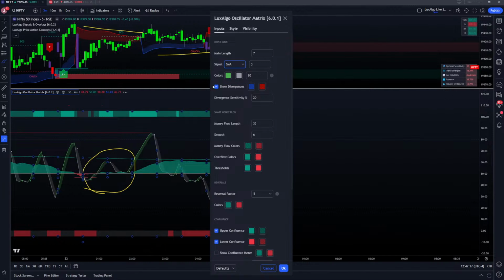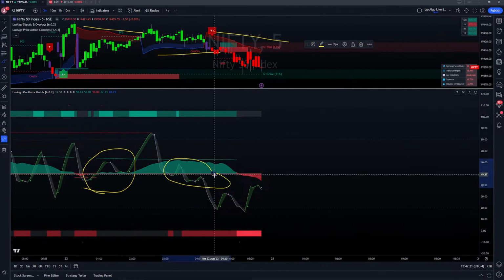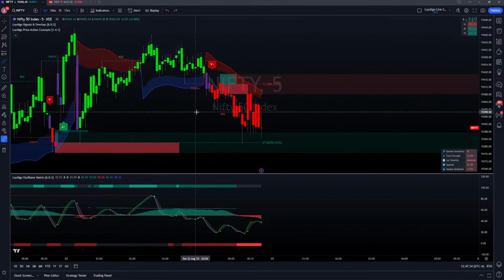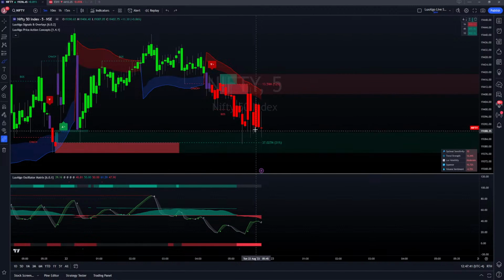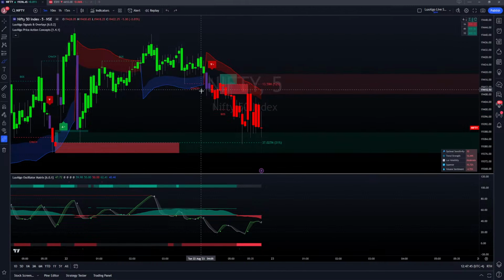But the SMA I use because I like to spot ranging markets, which means you get multiple turning points. So seeing the multiple turning points kind of turns me off to trading that day, as well as the smart trails being flat. So I personally wouldn't end up trading this. I would wait till we're near the end of your session. We started to see some trending action here, but again, that crazy consolidation there, I personally would not trade.